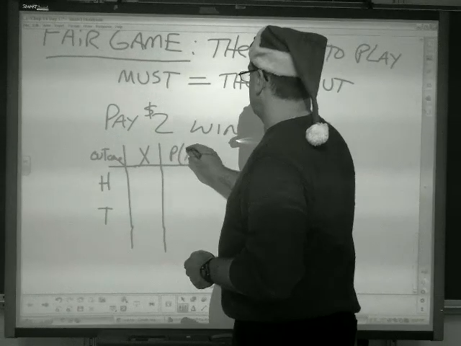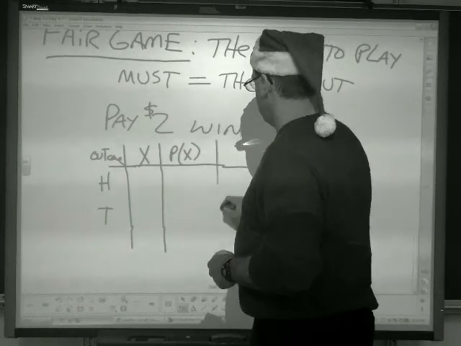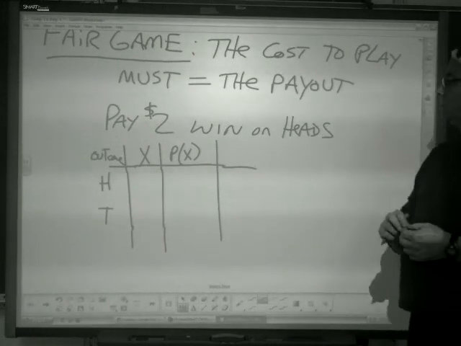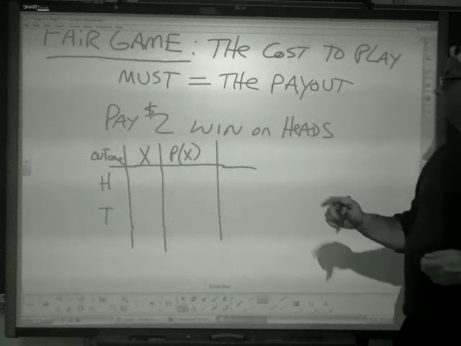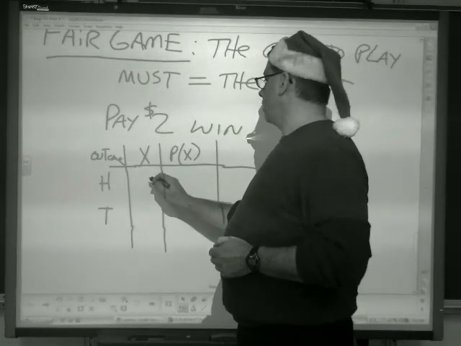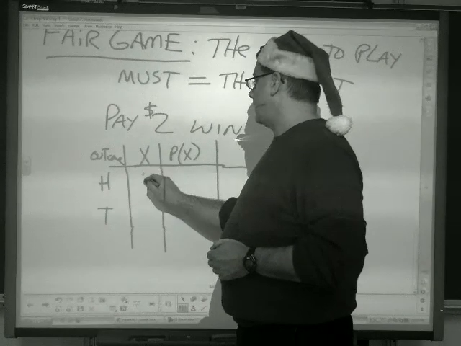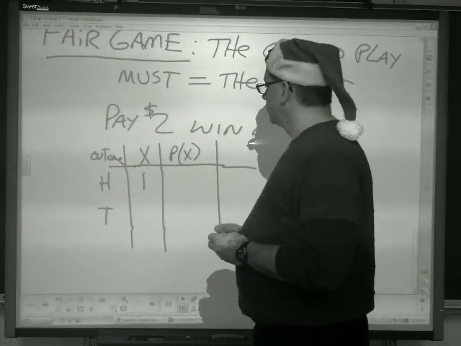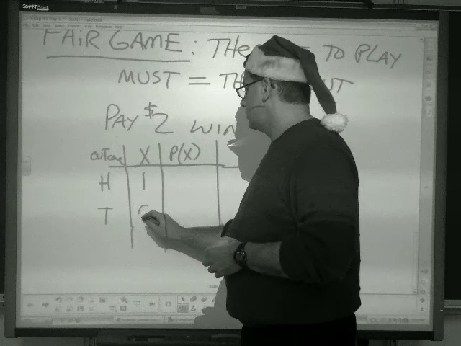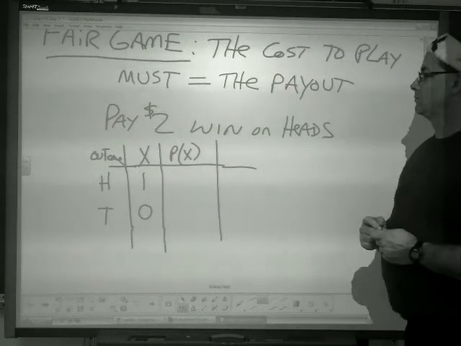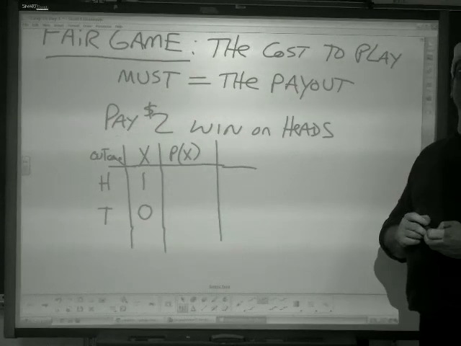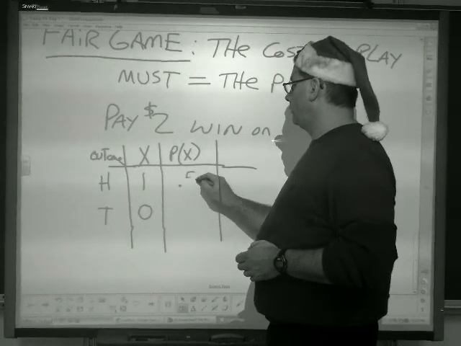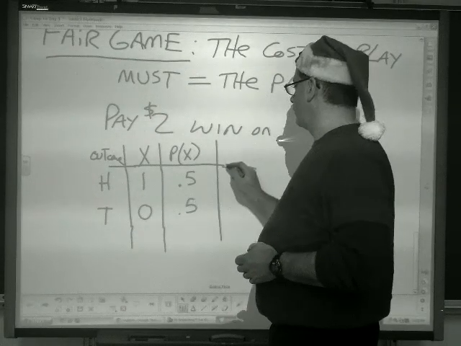Okay? Now, I'm willing to pay out $1 on heads. So, if you get a head, I'll give you $1. And if you get tails, you get nothing. The probability of getting a head is 0.5 and tail is 0.5.